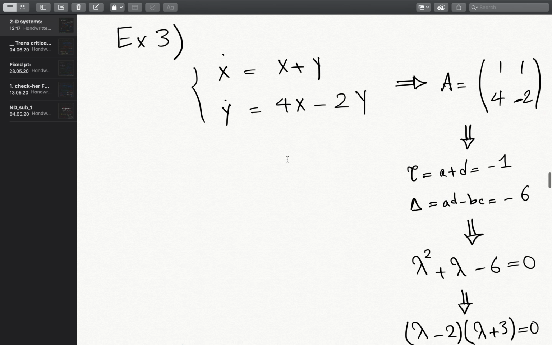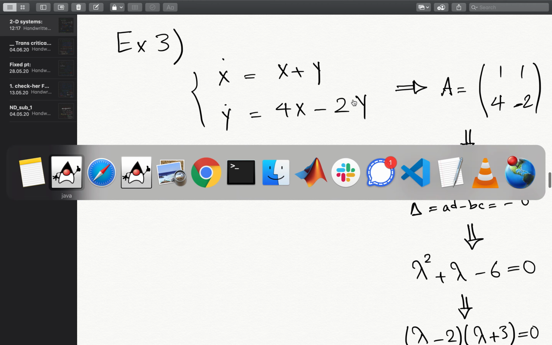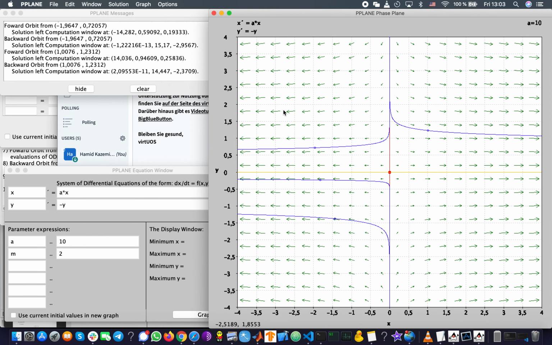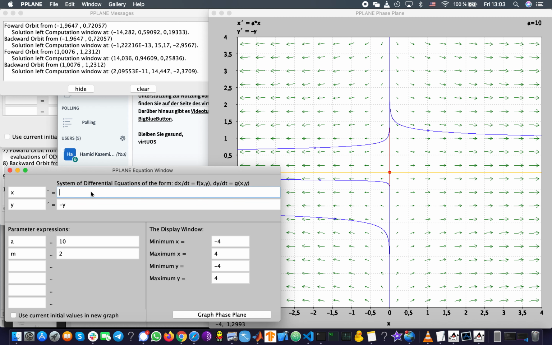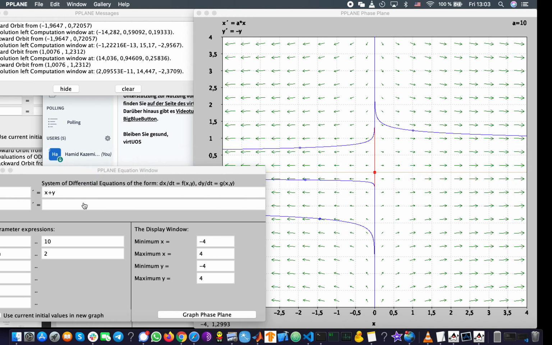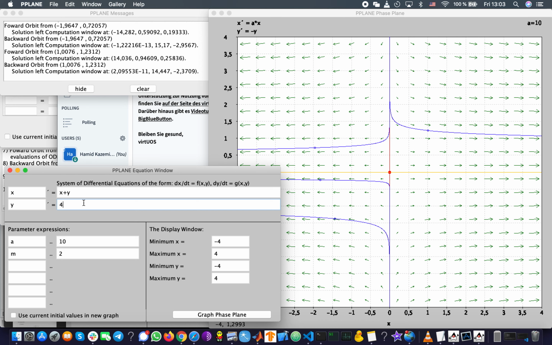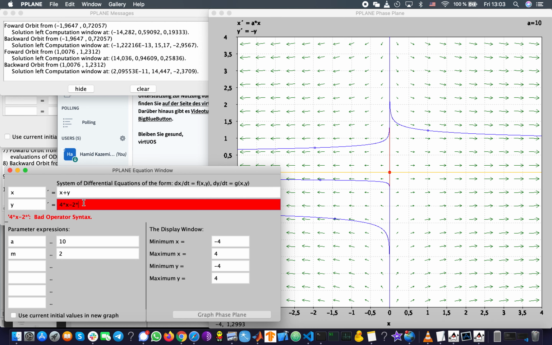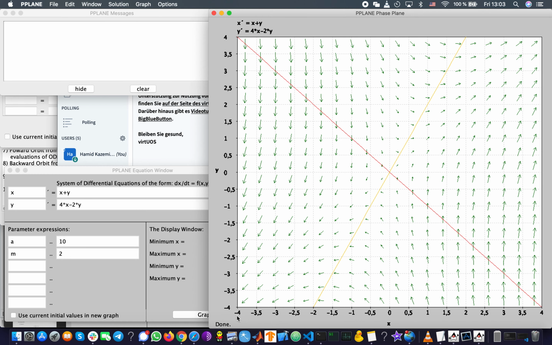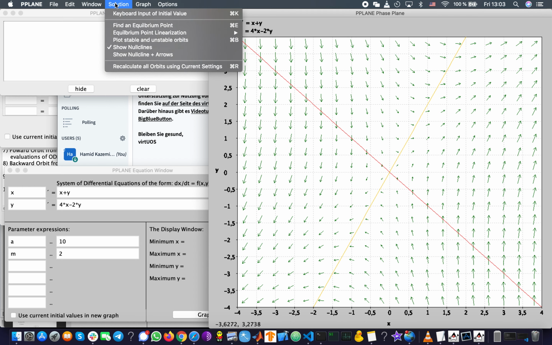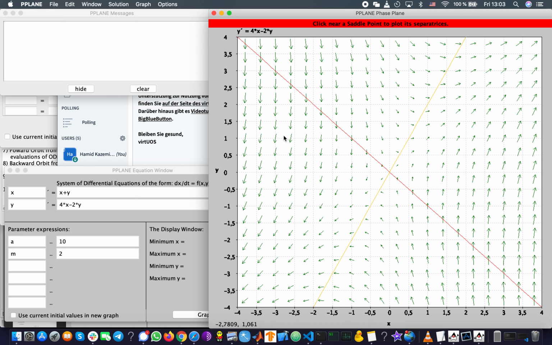These are the equations: x dot equal to x plus y, y dot equal to 4x minus 2y. So again, I have these null lines, and maybe I can find it here as well.